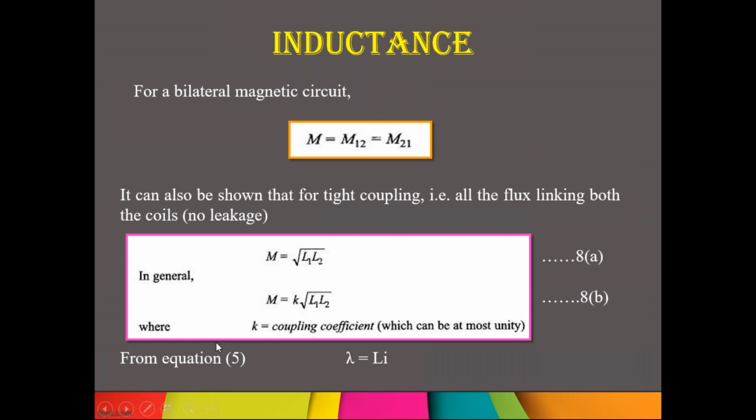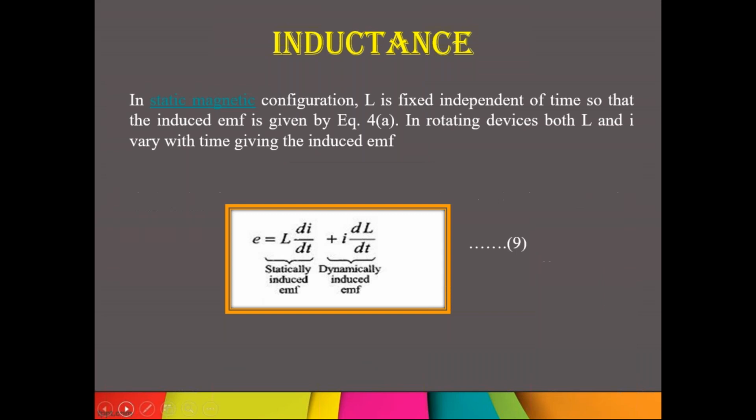Next, this is the topic about self-inductance and mutual inductance in the coil. Now, induction happens in two ways: statically induced EMF and dynamically induced EMF.